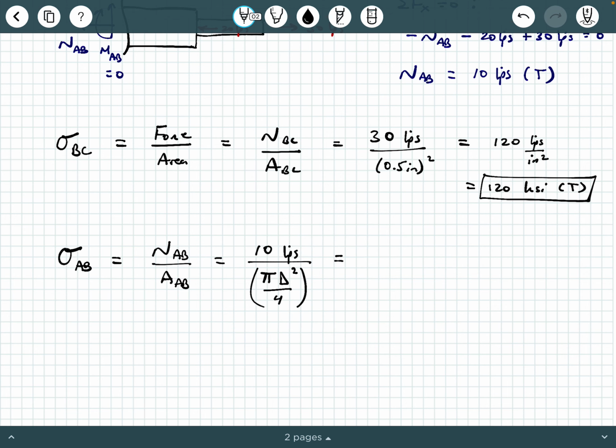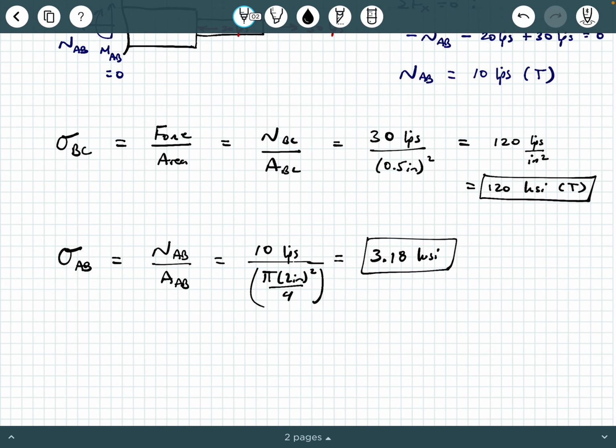And when I crank this through, let's see what we get. Let me erase this real quick. It's pi d squared over 4. I'll just go ahead and put the 2 inches in there, 2 inches squared over 4, right? So that's easy enough. The 2 squared and the 4 cancel, so it really just becomes 10 divided by pi. So here I get 3.18 kips per square inch, or KSI.